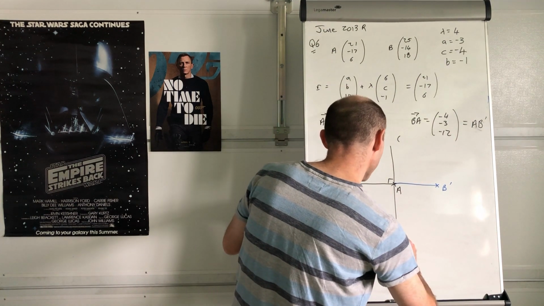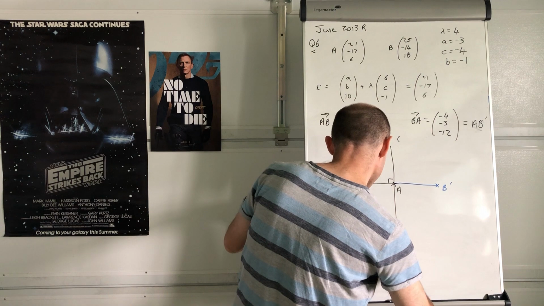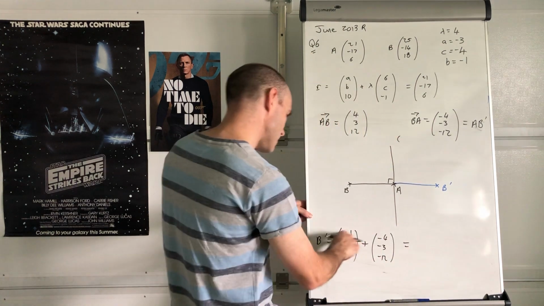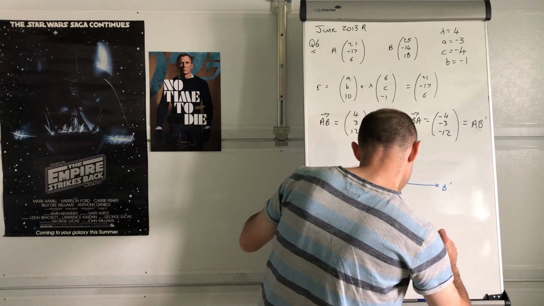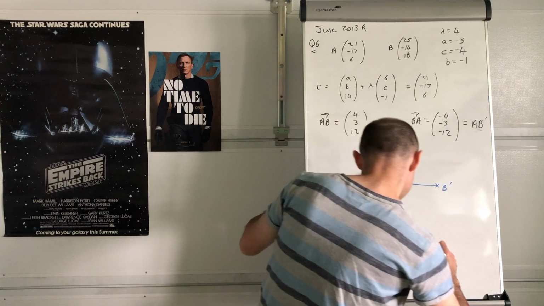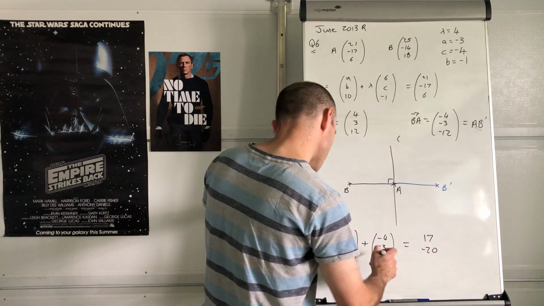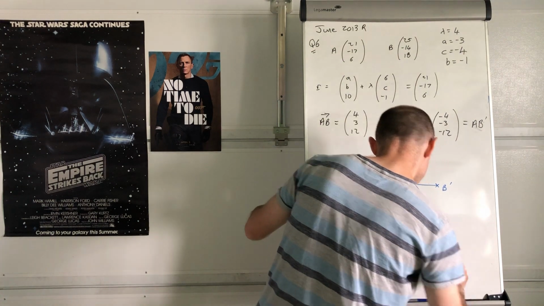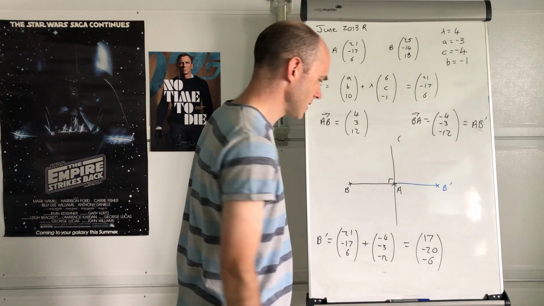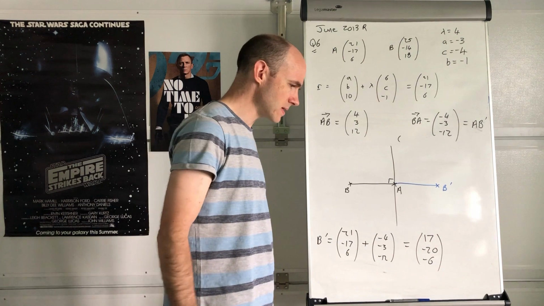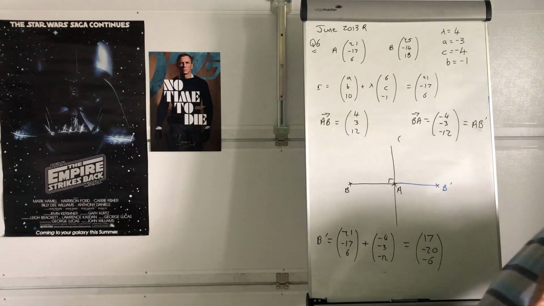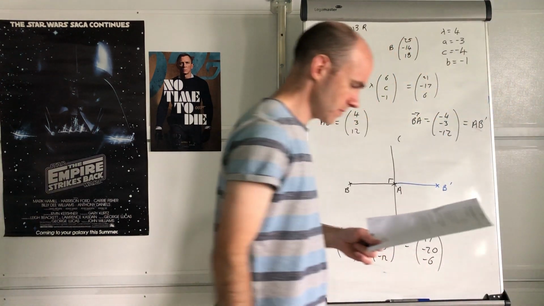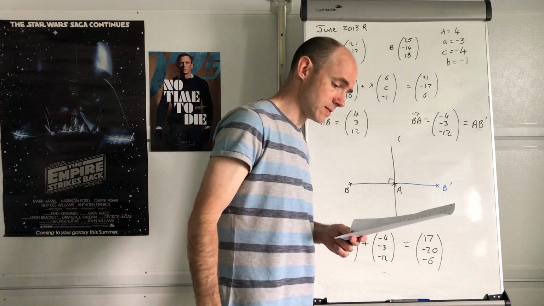So -4, -3, -12. Okay, and we get 17, -20, -6. And that's it as a position vector. Okay, so 17, -20, -6. Just check. Yeah, that's it. It's all done.